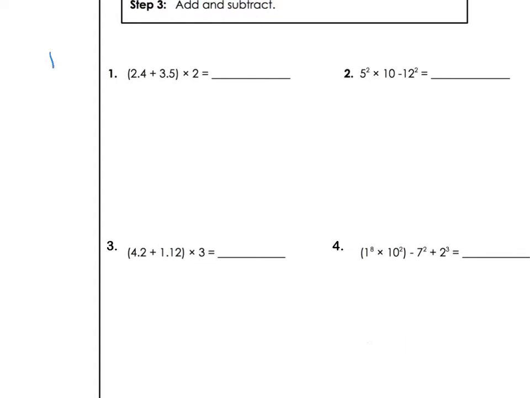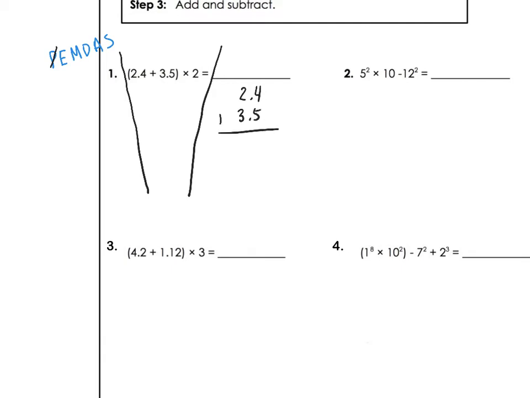Okay, let's use our order of operations now. Remember our PEMDAS. Write that on your paper as you're going. You want to follow your parentheses first. So I'm going to do 2.4 plus 3.5. And I'm going to draw this little cone so I can do my math work outside of my cone so I don't get it confused. When I add these up here, I get 5.9.